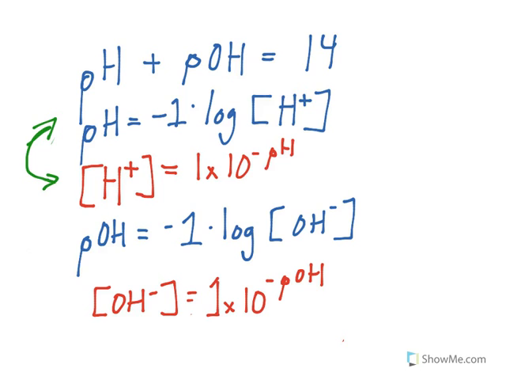I put the 1 times out front because that's the standard convention with scientific notation. So these 2 formulas in red, you're not going to see in books because they're really just variations of the formulas written in blue right above them.